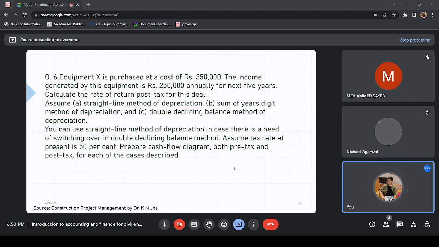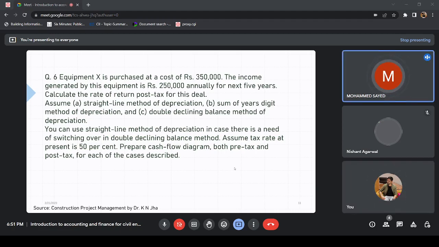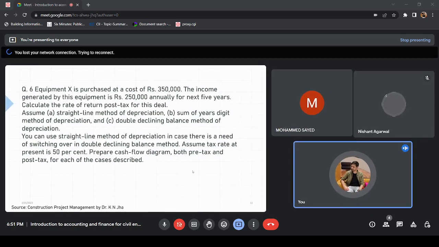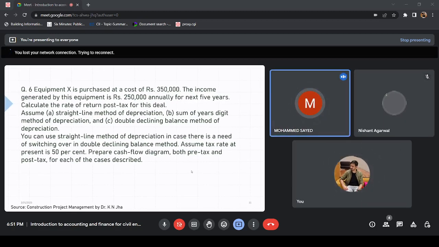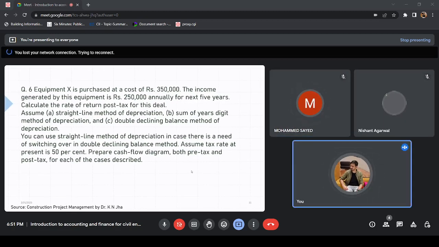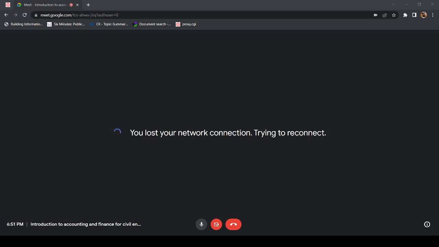We have been making cash flow diagrams since the starting in this course. So it just helps to understand the cash inflows and cash outflows. It just gives you psychological advantage. You can look at it from the Excel sheet also, but it gives you the visual representation.